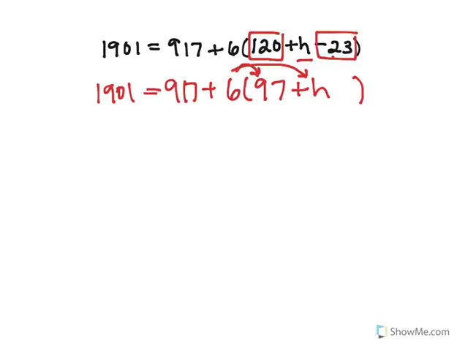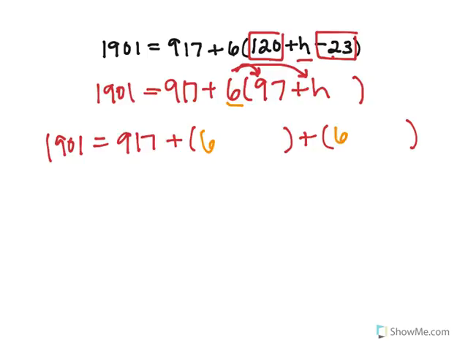When we distribute, we can rewrite this equation as 1901 equals 917 plus, and then we're going to go ahead and put 6 into both sets of parentheses and a multiplication sign into both sets of parentheses, and then we can put 97 into the first set of parentheses and H into the second set of parentheses. Now we're going to simplify and get rid of the parentheses.